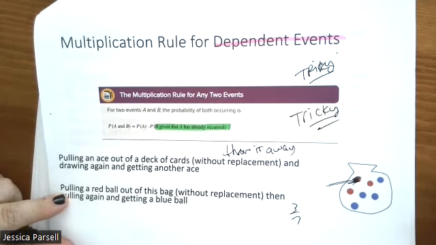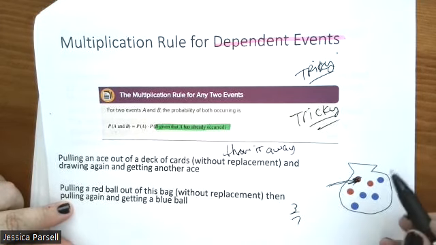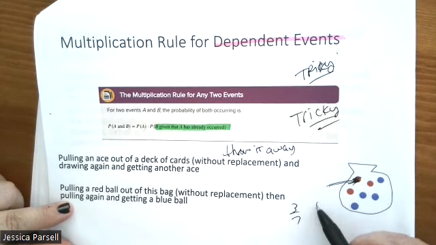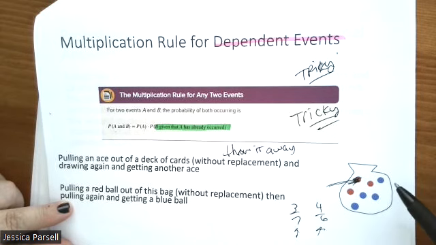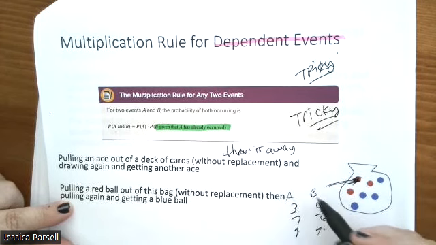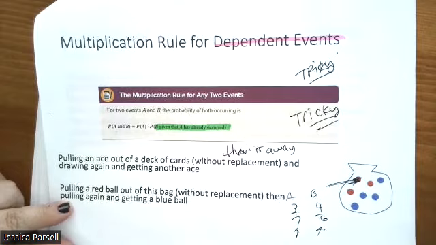But if you take this ball out, the probability of getting a blue now is 4 out of 6 now. So see how those denominators change. So with the removal of that red marble out of this bag is going to cause the denominator to change in event B. So this is influenced by what happened with event A.